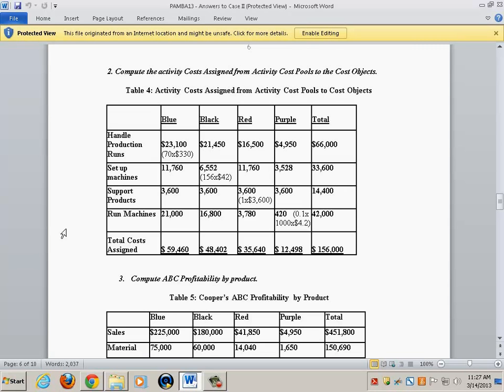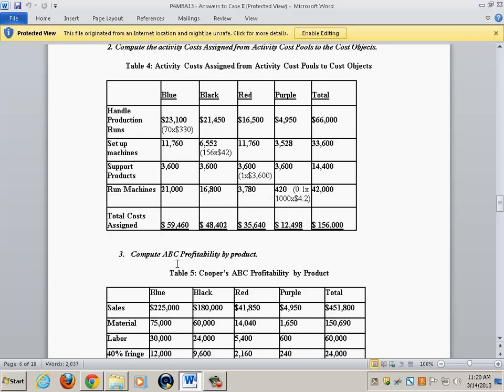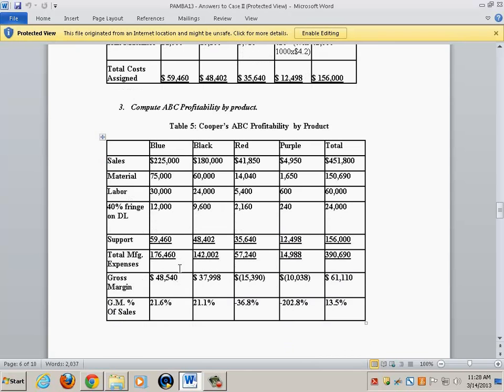So basically, so the requirement now in 3 is basically a new allocation of indirect costs by product.